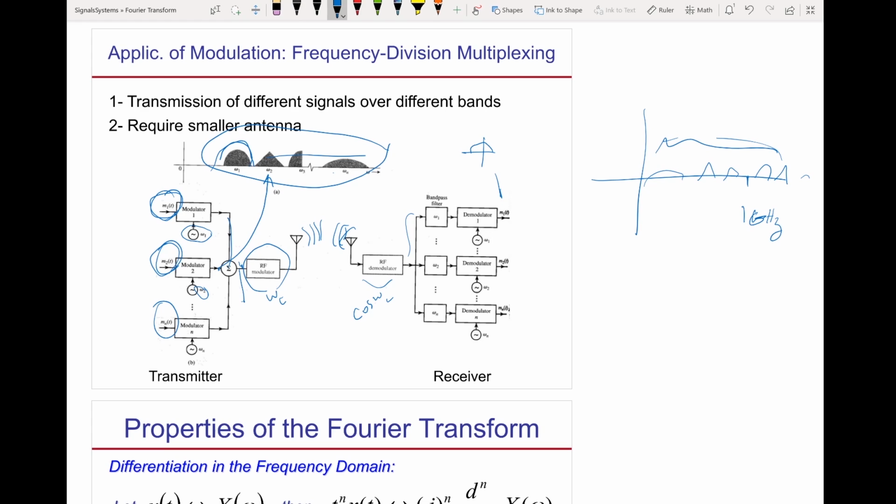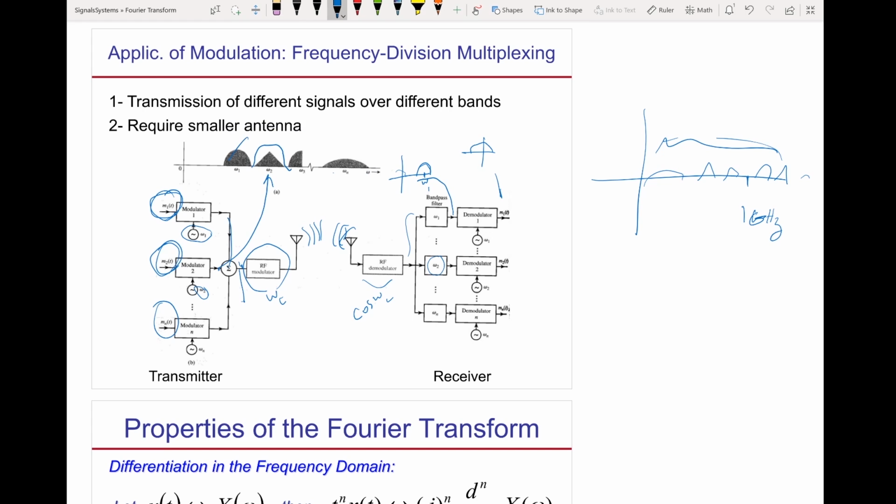And in this, after the band pass filter, you will get this signal. This is omega 1, and those will be filtered out. And when you do demodulation, you will center this back again here, and you get your signal. Same thing for omega 2, a band pass filter. This will be the band pass filter.